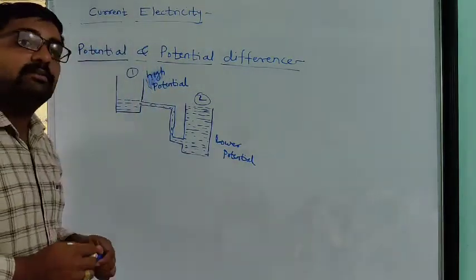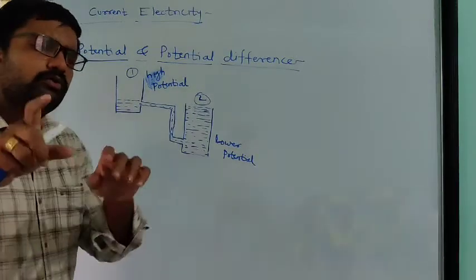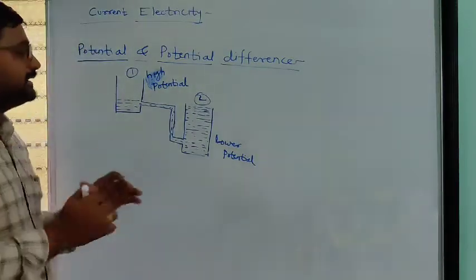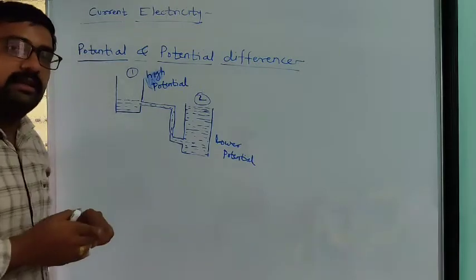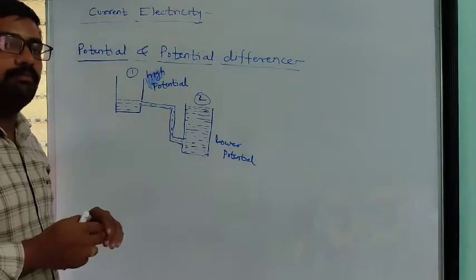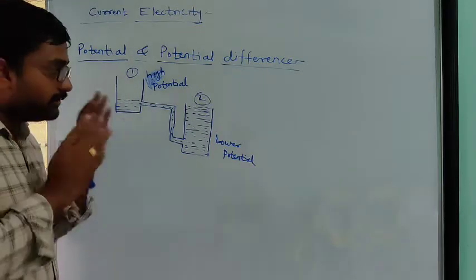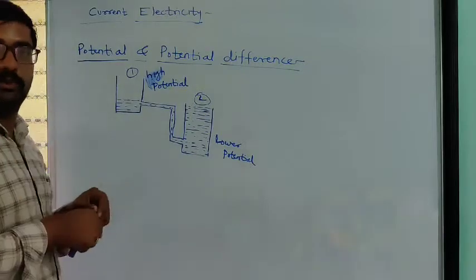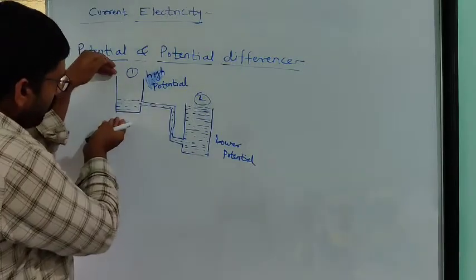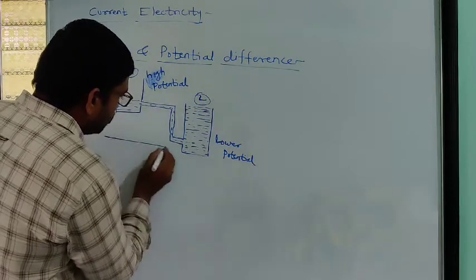So in terms of potential energy, actually we do not have to use the word potential energy, but still if you see, potential energy depends on height. Actually I am just telling it this way to help you understand. Suppose this is the ground.